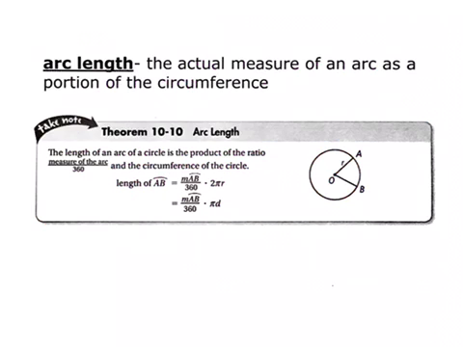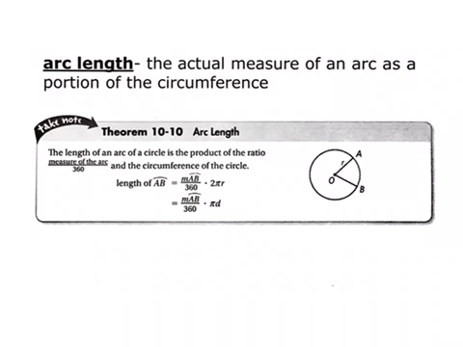Now to something new. Arc length, the actual measure of an arc as a portion of the circumference. So here we're taking the circumference and dividing it up based on the amount of the circle we're actually looking at. We're going to use the arc's degree measure to determine how much of that 360 rotation we take out of the circumference itself.